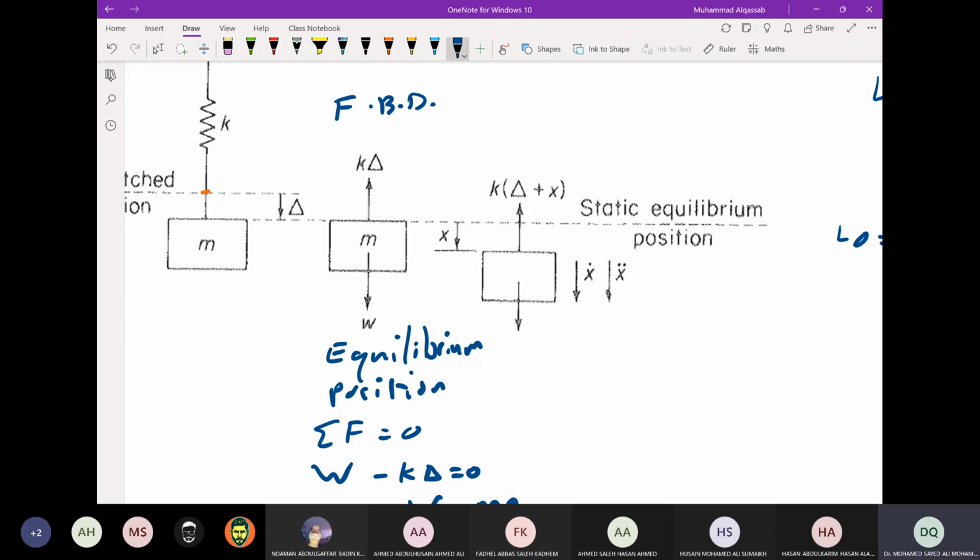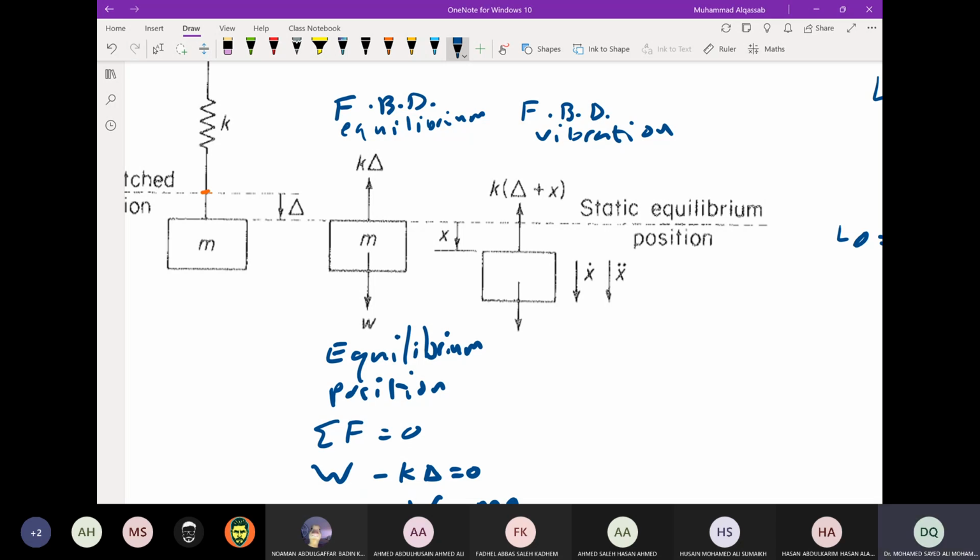for equilibrium. Also, this is another free body diagram for vibration. This is for equilibrium, and this is for the vibration. Now, the vibration is not one point, or one position, but the free body diagram we do is assuming the direction of positive x direction.